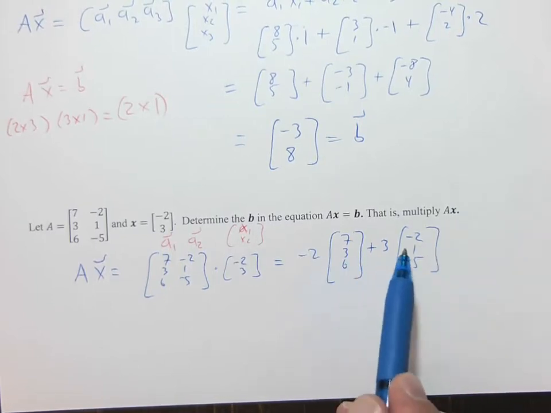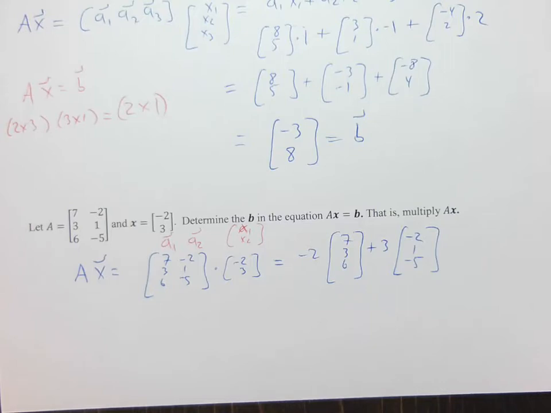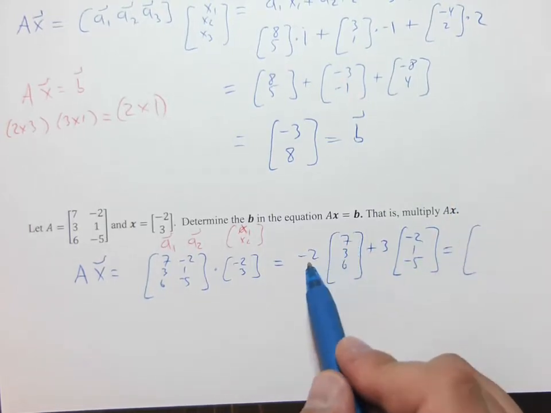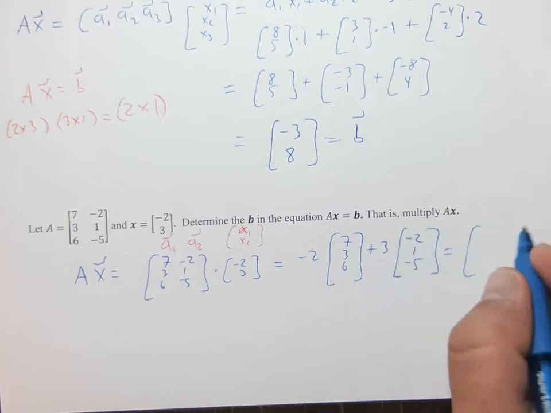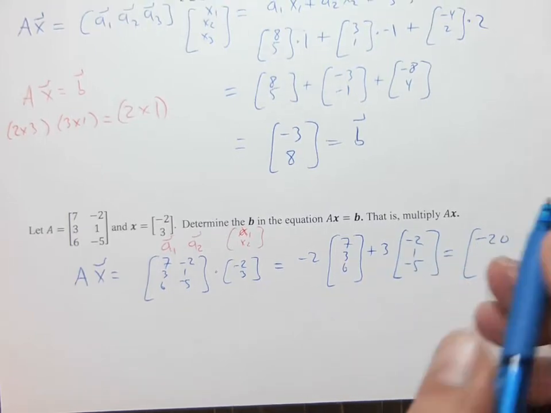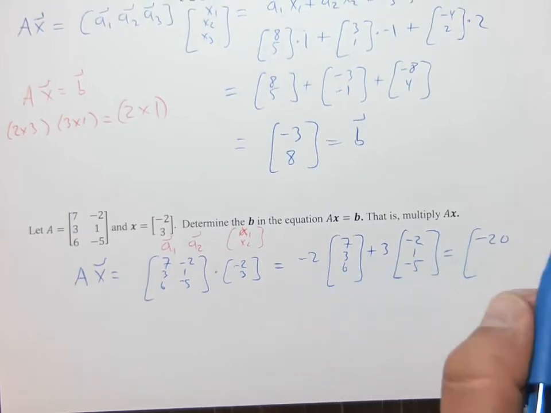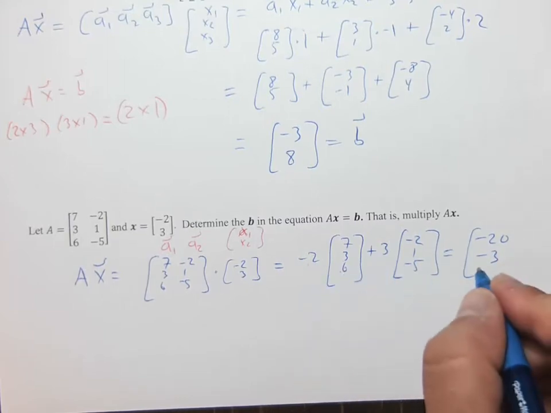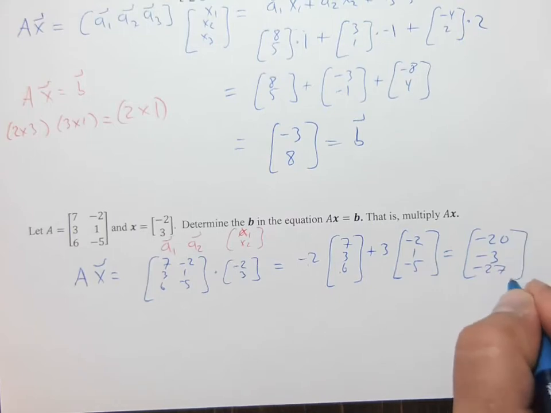So each one of these scalars weights the vector. We add them together. We'd have minus 14 minus 6 is minus 20. Minus 6 plus 3 is minus 3. Minus 12 minus 15 is minus 27.